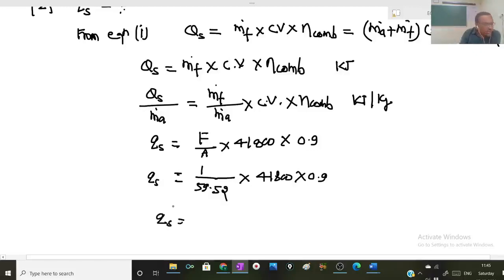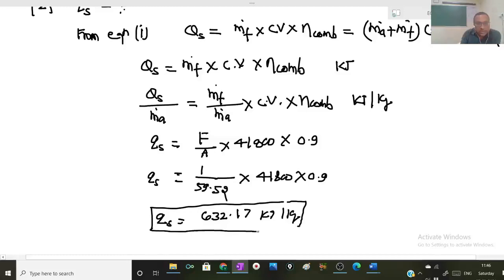So the heat supplied will be 632.17 kilojoule per kg. This is answer number 2.